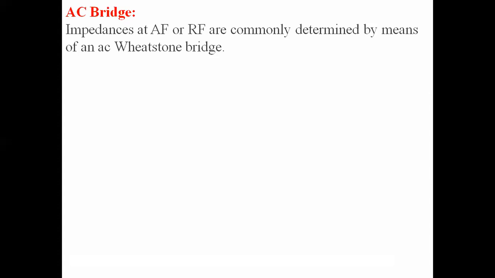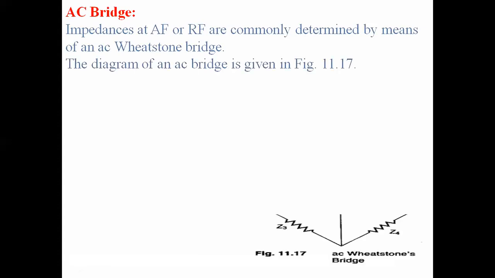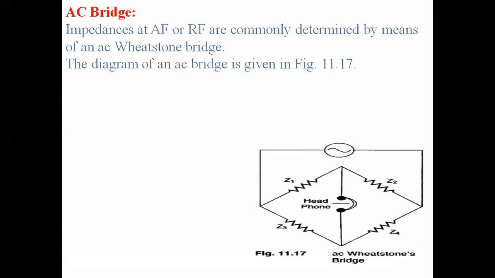Here also we use the Wheatstone bridge, but the notation is somewhat different when compared to the DC Wheatstone bridge. So here it is the AC Wheatstone bridge. The diagram of the AC Wheatstone bridge is shown here. If you observe, in place of R1, R2 and R3, we are representing impedances, that is Z1, Z2, Z3, Z4.